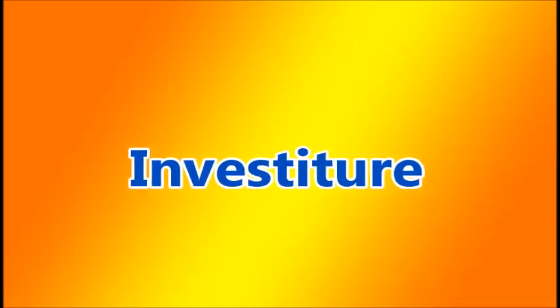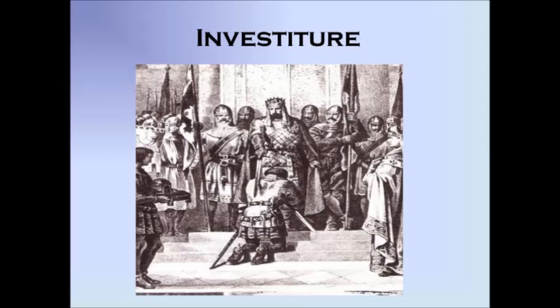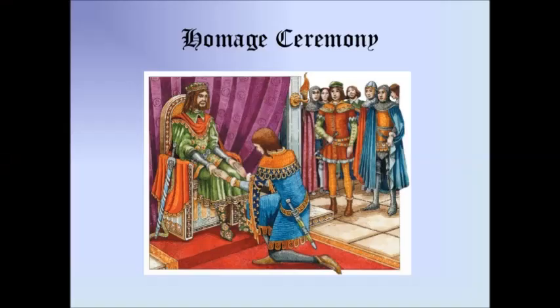Under this tradition, the lord gave assurance of justice and protection to the vassals while giving the land. The second one was homage. Under this tradition, the vassals promised loyalty and services to the feudal lords.